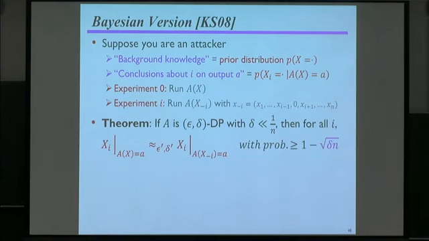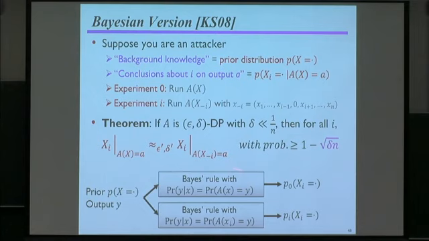And the thing you can say about differential privacy is that the posterior distribution on x_i conditioned on a particular output a is roughly the same in these two experiments with very high probability, where this delta comes in. But if you set delta to 0, then you can ignore this part.